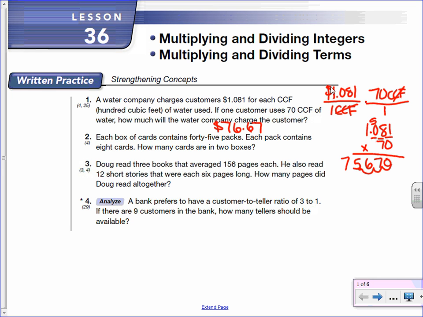Each box of cards contains 45 packs. Each pack contains 8 cards. How many cards are in 2 boxes? So 45 packs per 1 box times 8 cards per 1 pack.